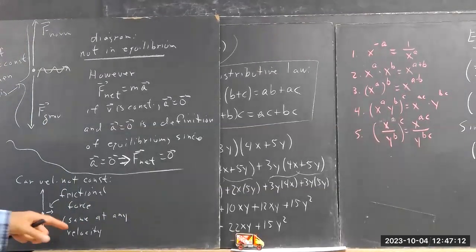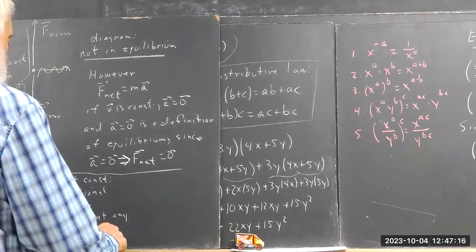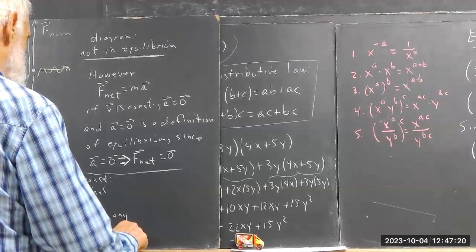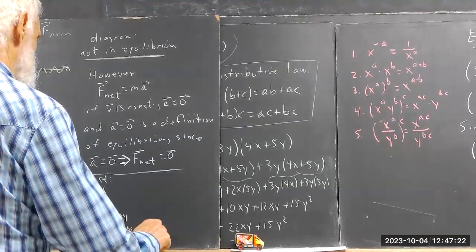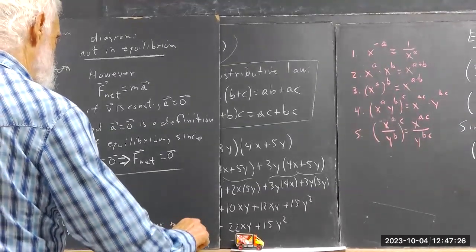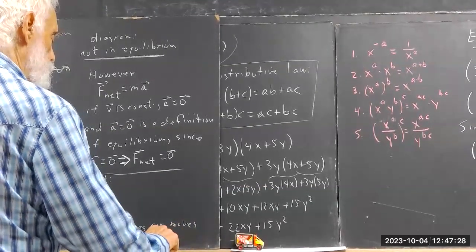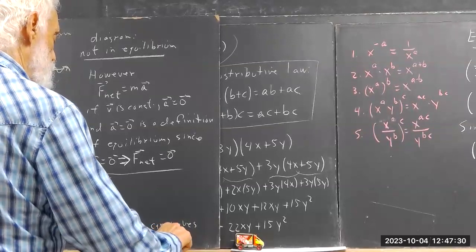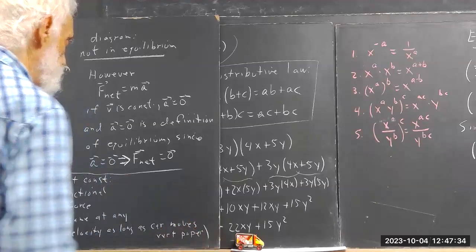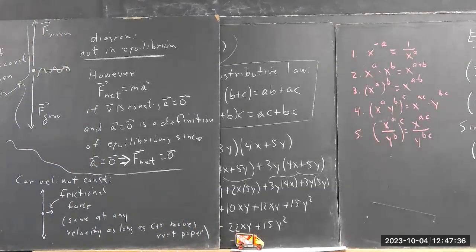The frictional force, we're going to say, is the same at any velocity, as long as the car moves with respect to the paper. Which it did. You can tell by the marks, the car did move with respect to the paper.